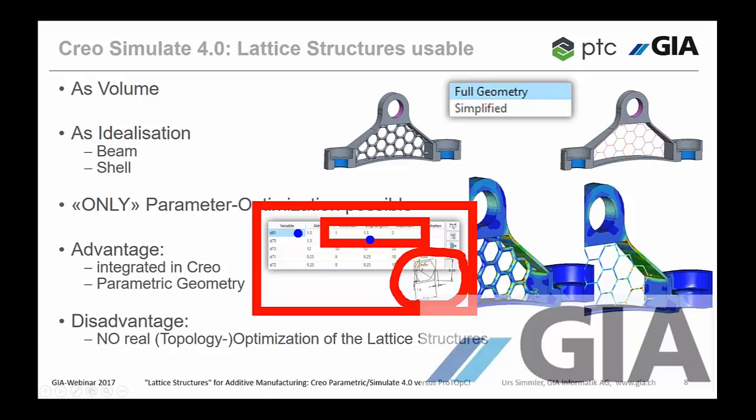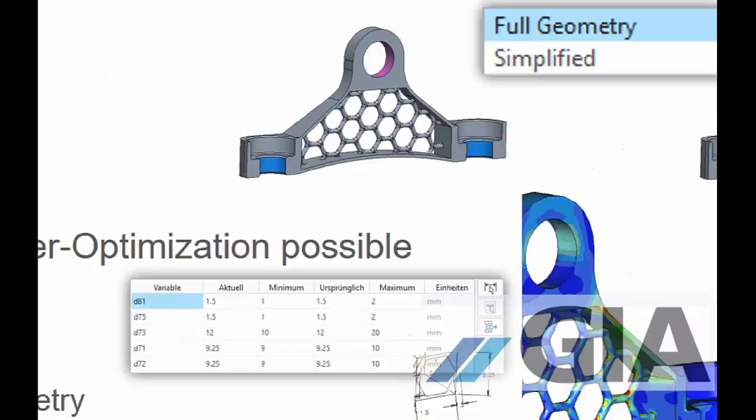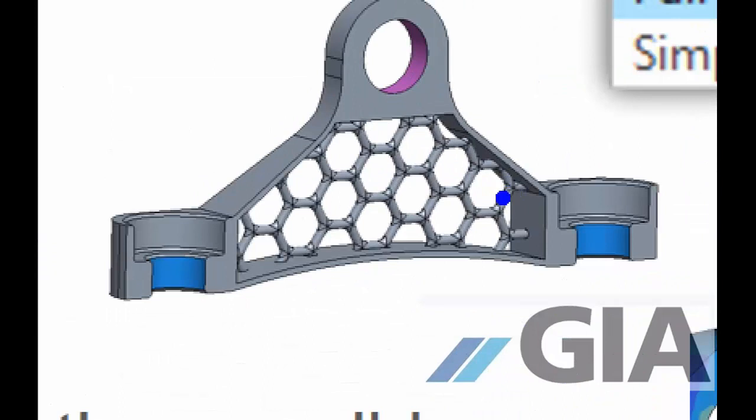Of course, you could imagine doing 5,000 experiments with the help of behavioral modeling in order to get a better solution. Yes, that might be possible, but in the end your optimized part will still have that shape, and all the beams will be kept. They can just be modified.